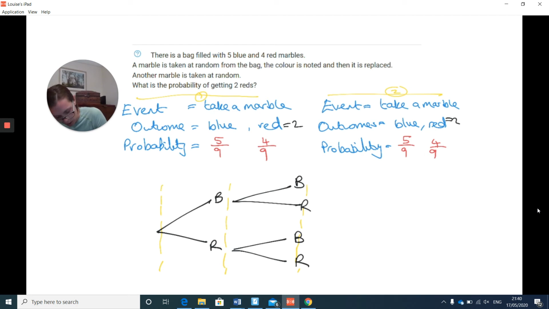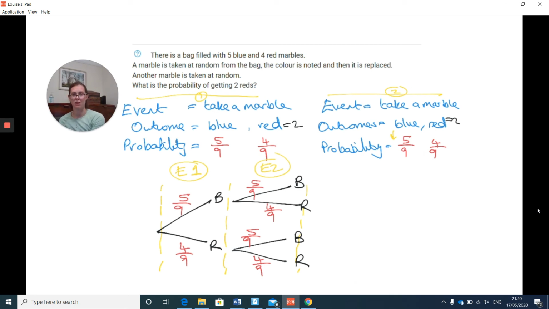So for event 1, the probability of blue was 5 over 9, and the probability of red was 4 over 9. And then for event 2, the probability of blue was 5 over 9, so that can be a 5 over 9, and here is a 5 over 9, and the probability of red is 4 over 9. So like that, 5 over 9 and 4 over 9. So you've got your tree diagram.